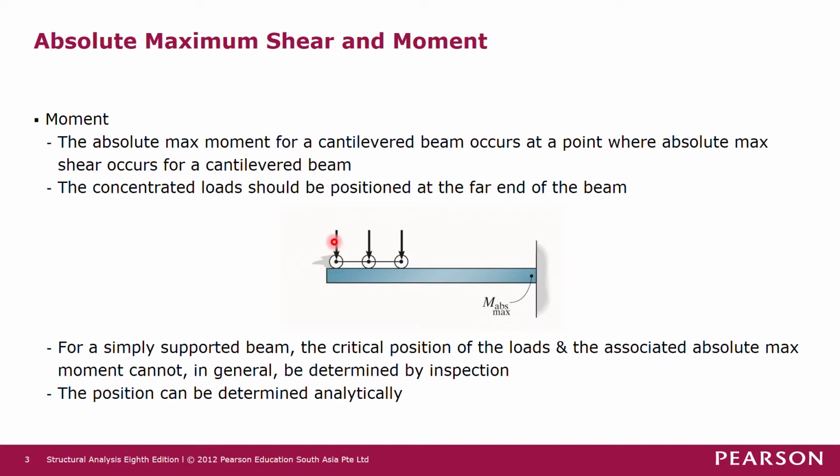This will maximize the moment at the fixed support. As I mentioned just now, the concentrated load should be positioned at the far end of the beam, with the end force very near to the tip, so this distance can be considered as 0.